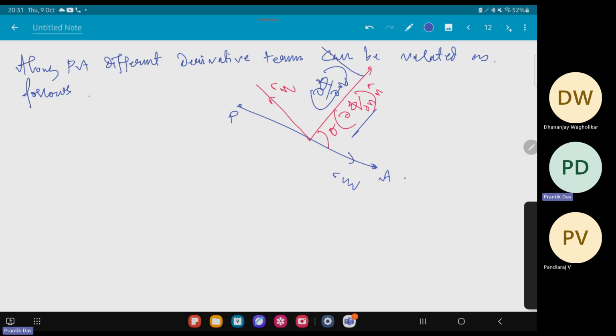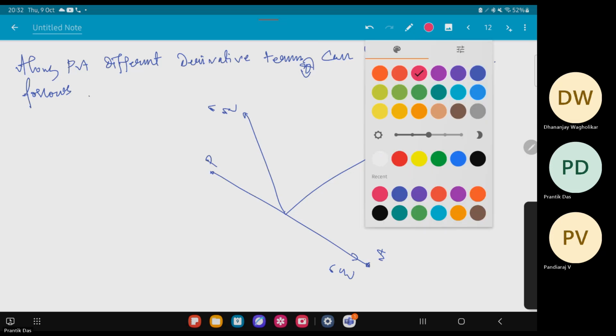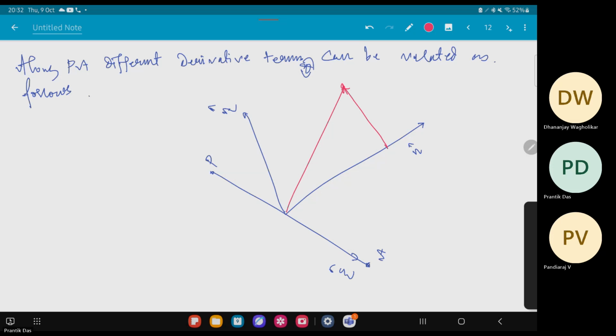So let me draw it carefully. This is P, this is A, this is your zeta cap, this is your eta cap, this is your n cap, this is your d phi d eta, and this is your d phi d n.